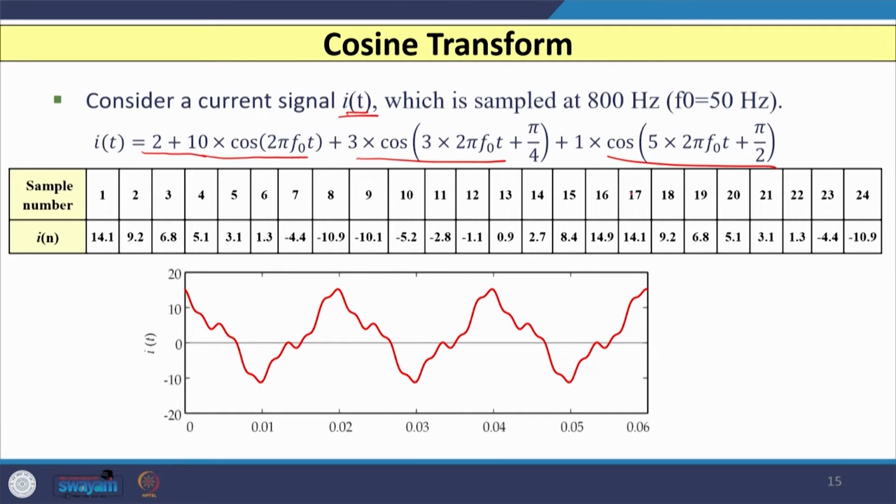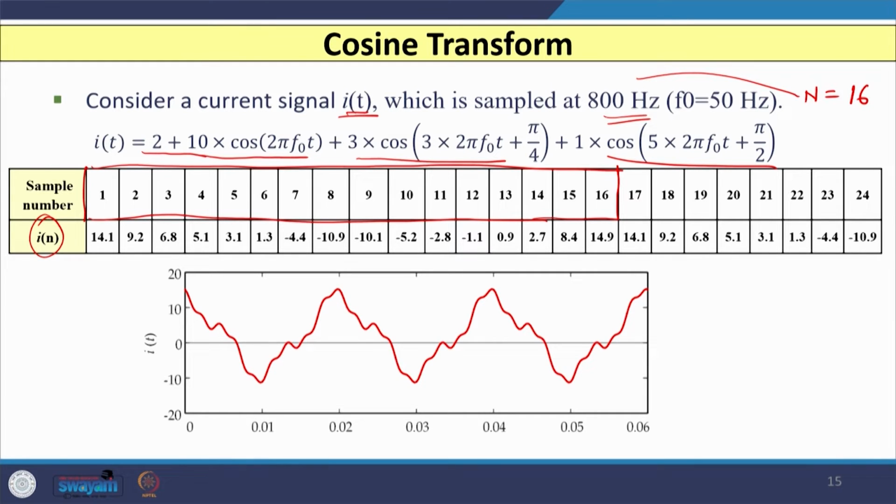As 800 hertz is the sampling frequency, the number of samples in a cycle is 16. So, here I consider this window, up to 16, and along with that I have also represented a few additional 8 samples, and accordingly I have represented the values corresponding to each sample number.